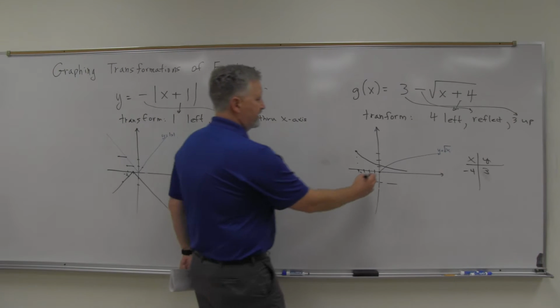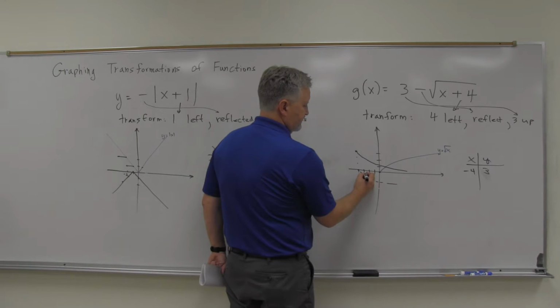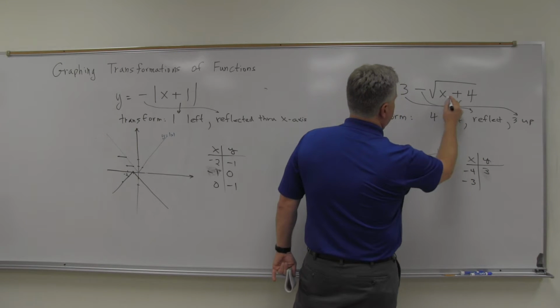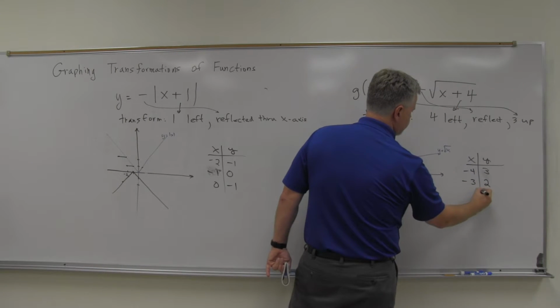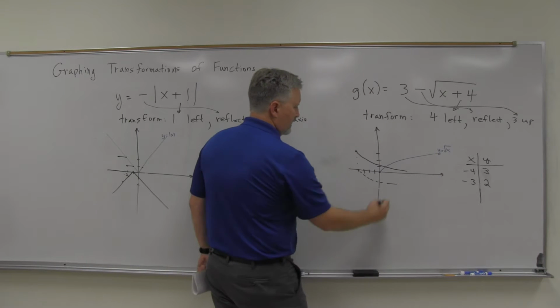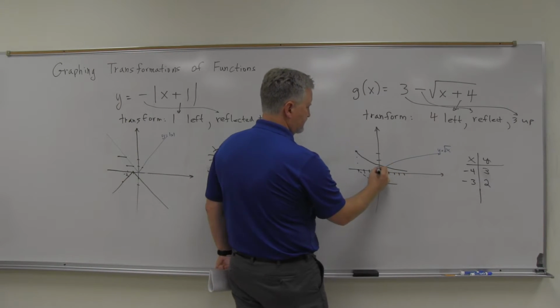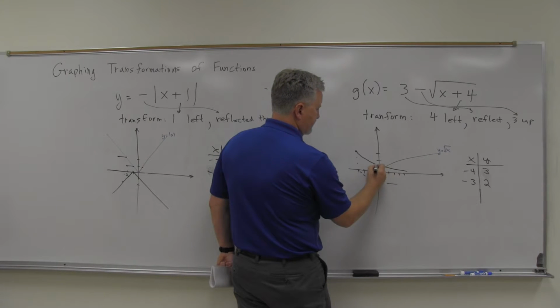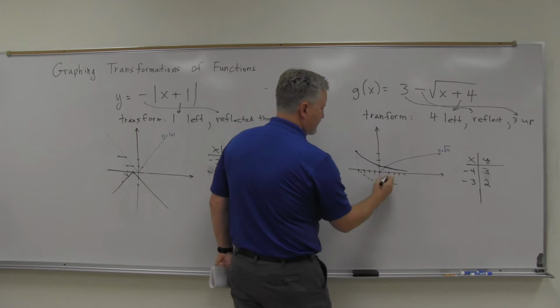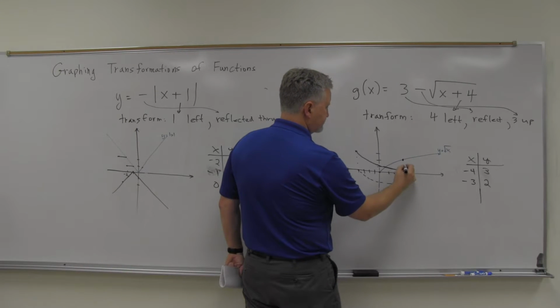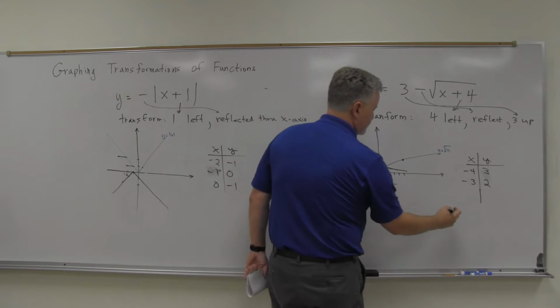The 1, 1 point is 4 to the left, so now it's at negative 3, and that would be at 2. Another good point would be 4, 2. If we move this 4, 2 point 4 to the left, it puts it right at the x-axis.